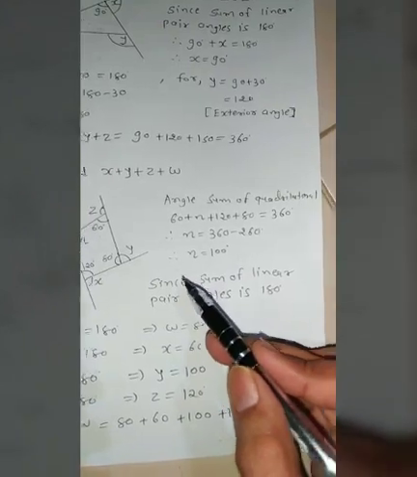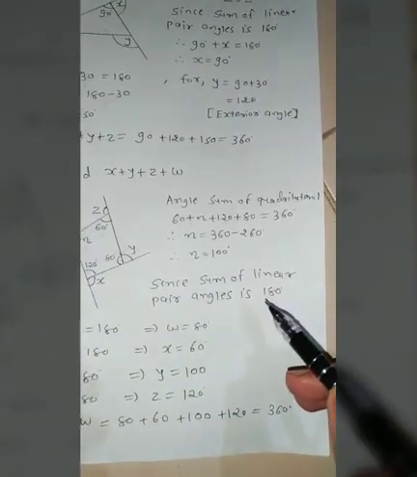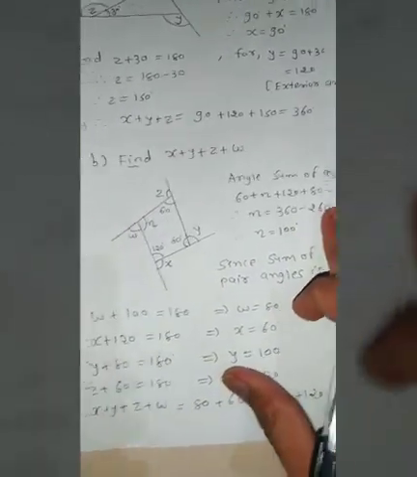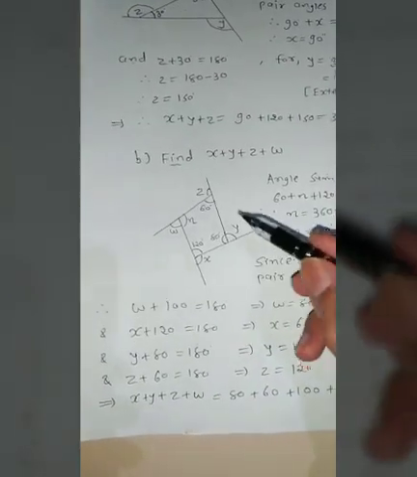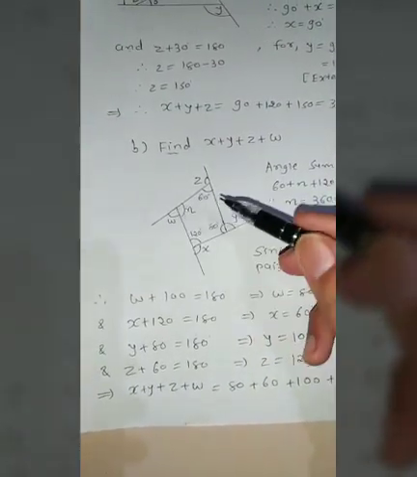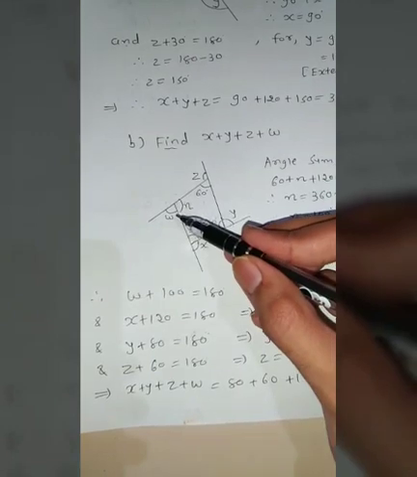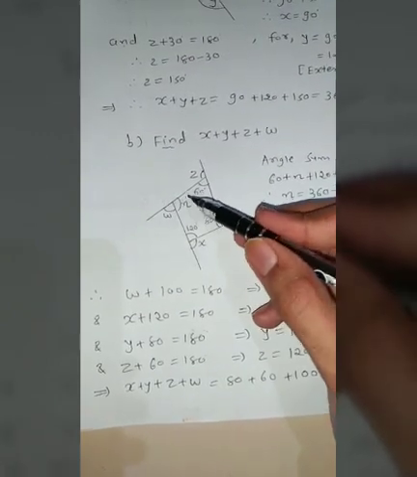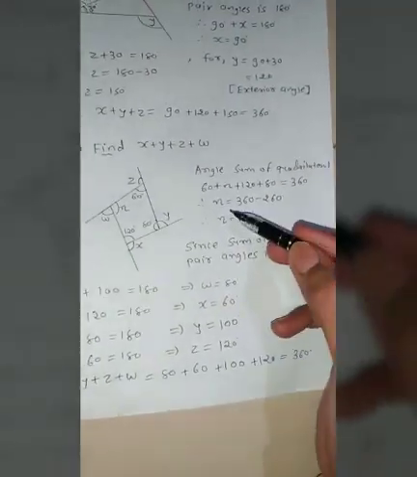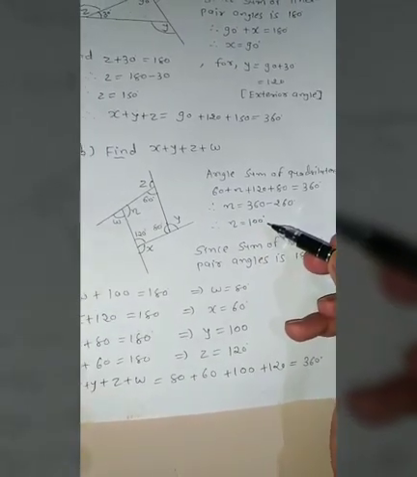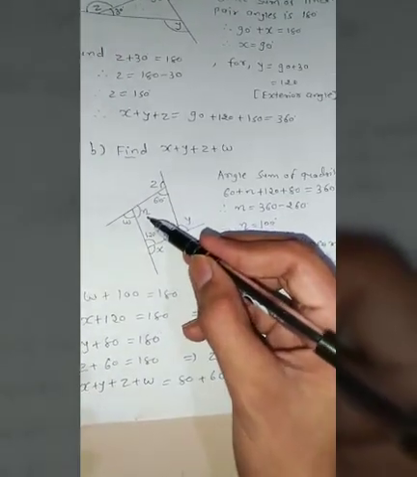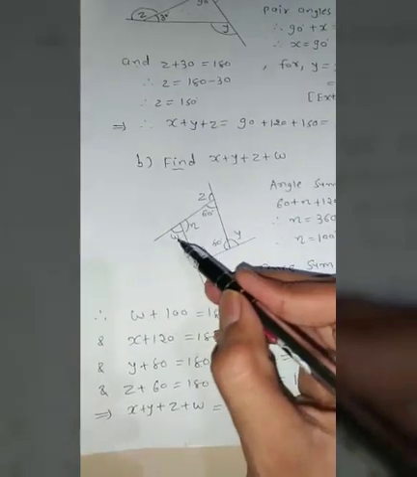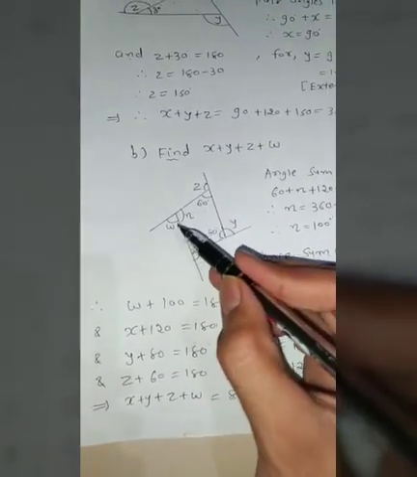Let's use this property, the sum of linear pair angles is 180. There are 4 linear pairs. The first one is w plus 100, because we found n is equal to 100 here. So I put the value of n as 100. So w and n are a linear pair.